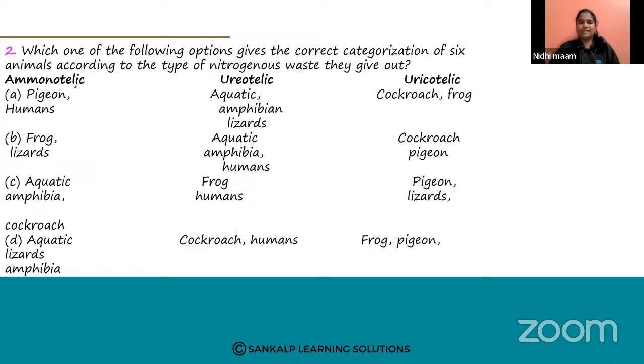Which is the correct answer here? Which one of the following options gives the correct categorization of 6 animals according to the type of nitrogenous waste they give out? Recall the examples. Which is ammonotelic, which is ureotelic, which is uricotelic? You can refer to your textbook too.